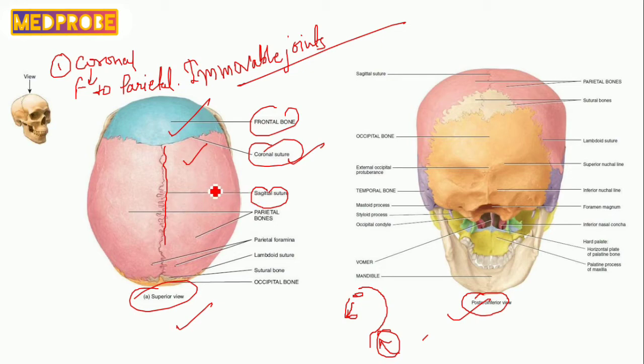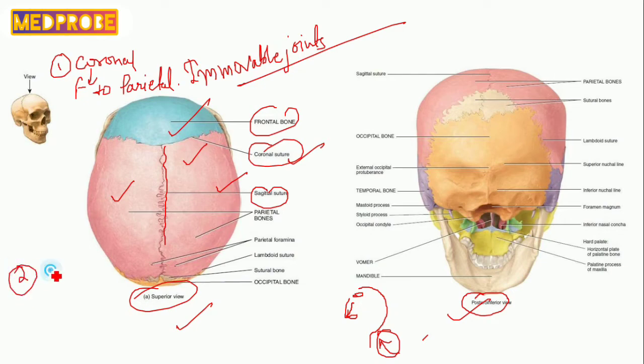You can clearly see here that parietal bones are forming the maximum, largest part of the side of the cranium. You can see clearly from the top view that the parietal bone is forming the largest part of the side of the cranium. So the second suture we got is the sagittal suture.